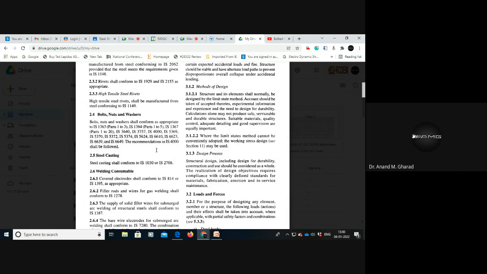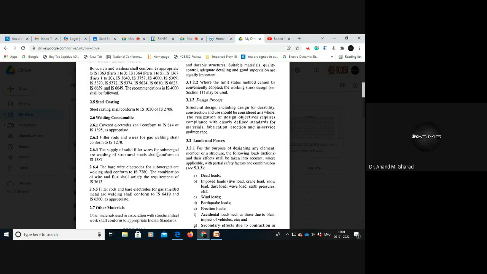Then slowly we will shift to the diagonal members, the members which will carry axial forces. We will try to understand them first, and then we will go to the vertical component of the structure, that is your column. Again I am repeating, the classification of cross section we have seen was related to the beam part. For columns it is different, although the four classifications may be the same, the description is a bit different.